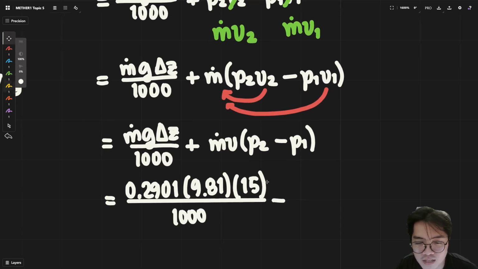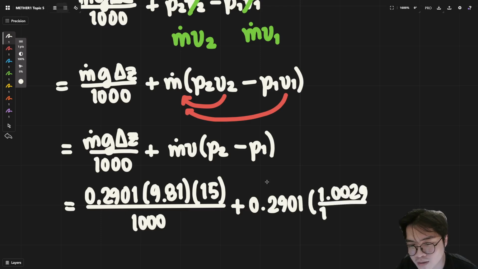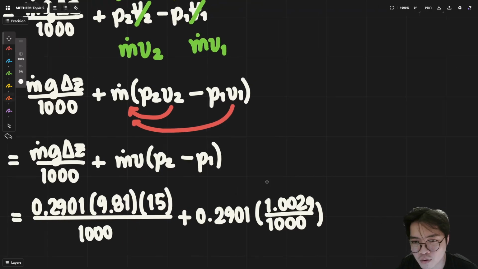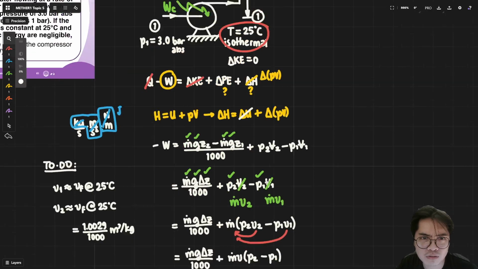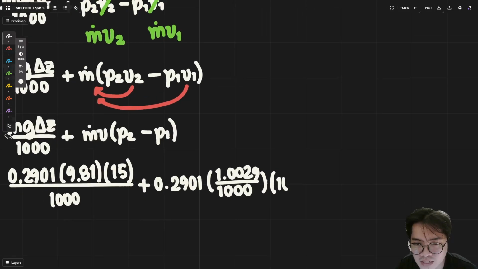Next, your m dot is 0.2901. Your v is 1.0029 divided by 1000. And then your P2 is 1 bar, in this case 100 kPa, minus your P1, which is 300 kPa.